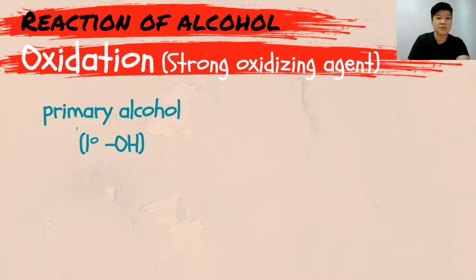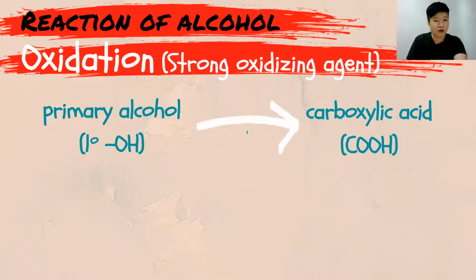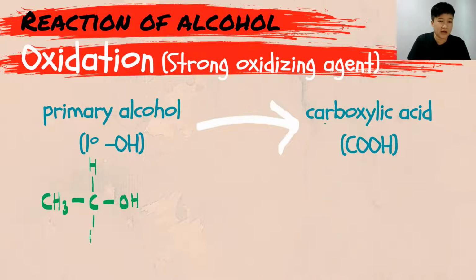When you have primary alcohol, what happens when you undergo strong oxidizing agent? When primary alcohol is oxidized, you will form carboxylic acid. Example. Primary alcohol, the simplest that I can give to you is the carbon holding OH, holding one group of carbon. So that is my primary alcohol.